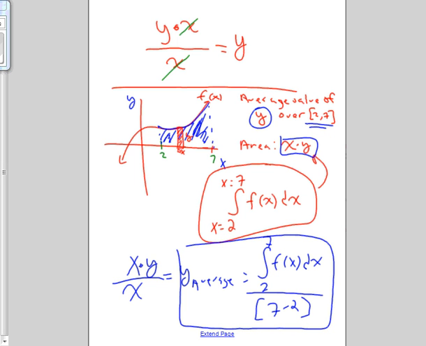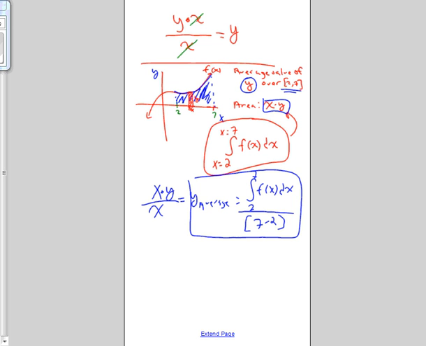In other words, we can extend this and say the integral from a to b of f of x dx divided by b minus a, which is my x value, equals my y average, or the average value of a function over the interval a to b.